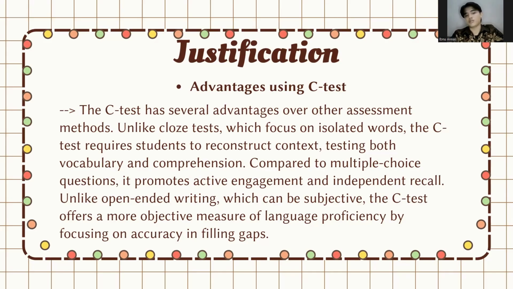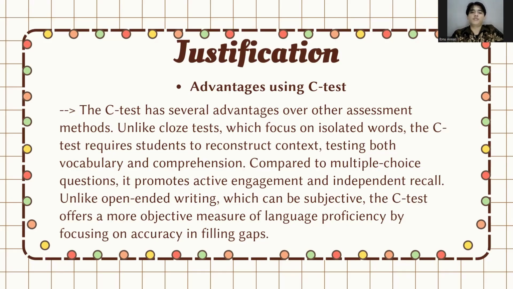Besides open-ended writing, which can be very subjective, the C-test offers a more objective measure of language proficiency by focusing on accuracy in filling the gap. In other words, for efficiency, the C-test is quick to administer and easy to score, making it ideal for large-scale assessment.